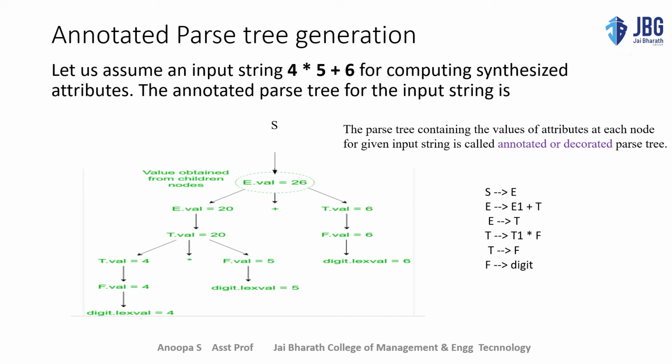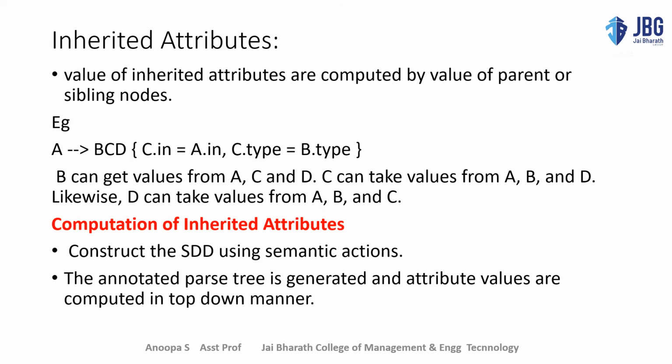You should get the value of each node for the input string. Now, what is an inherited attribute? An inherited attribute is one in which the value for a particular node is obtained either from its parent or from its sibling nodes.